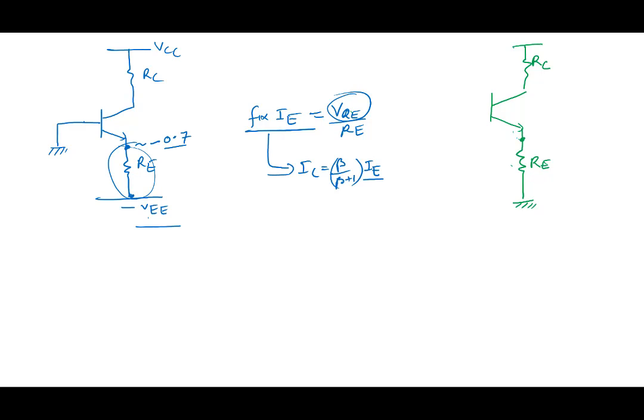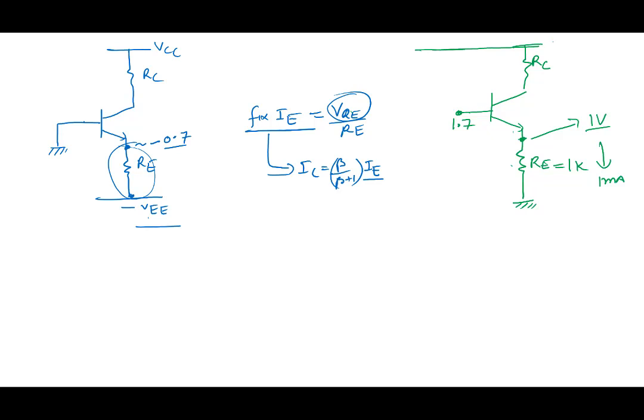So how do I create a voltage at this particular point? As an example, suppose this RE is equal to 1K and I want a current of 1 milliampere. How much voltage am I looking for here? 1 volt, right? If I'm looking for 1 volt here, how much voltage should be at this point? 1.7. To get 1 volt here, I need 1.7 here.